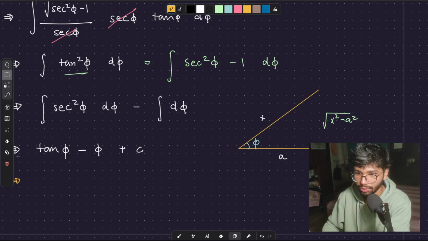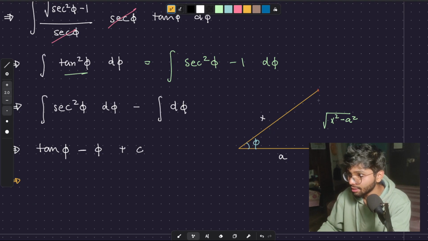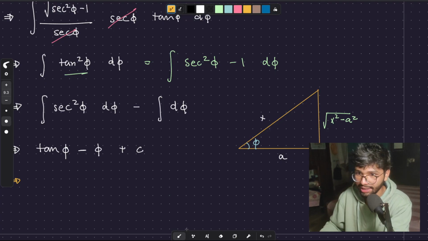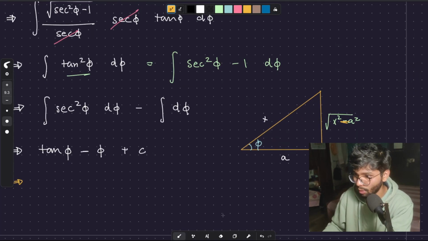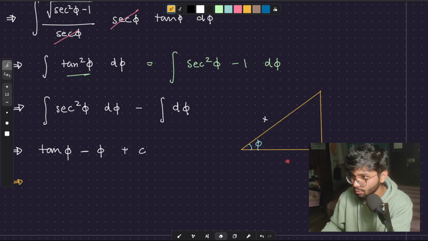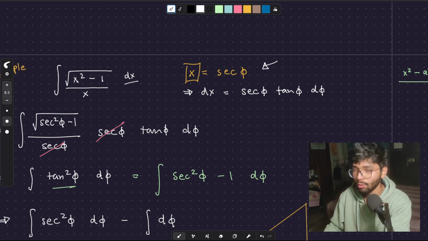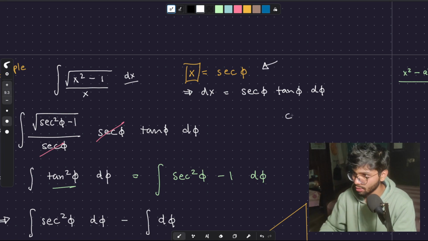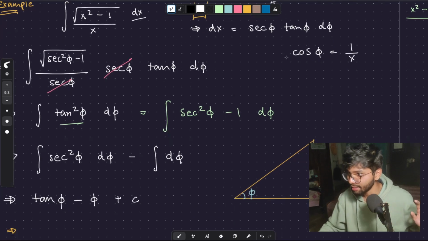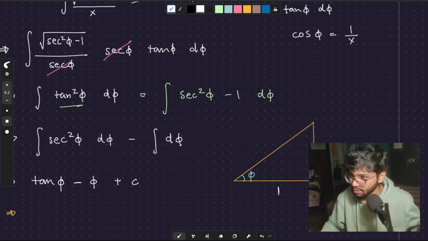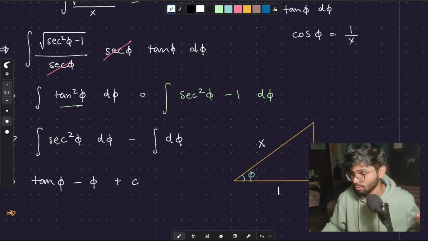We're gonna have to change the sides because we don't have any a's in this equation. So let's wipe these. And we know that we took x to be secant of phi, right? Which is the reciprocal of cosine. So cosine of phi is going to be 1 over x. Great. That means we know that the base is this one, the hypotenuse is this one. So this thing is going to be square root of x squared minus 1.